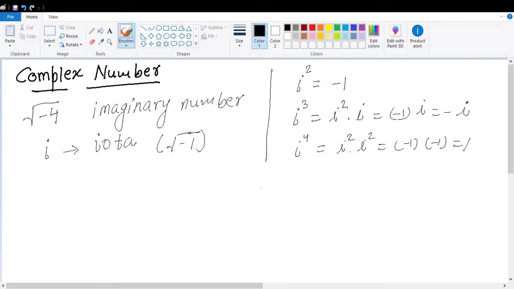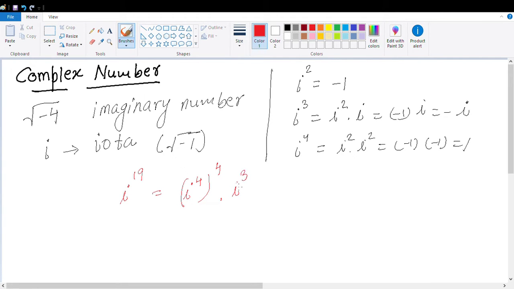Now whatever higher powers of i you have, for example, suppose we want to evaluate i raised to the power 19. You just calculate in terms of i raised to the power 4. If you divide 19 by 4, the quotient will be 4 and the remainder will be 3.